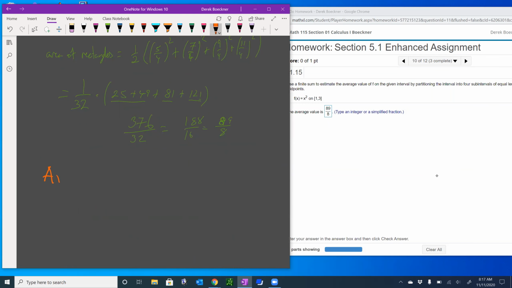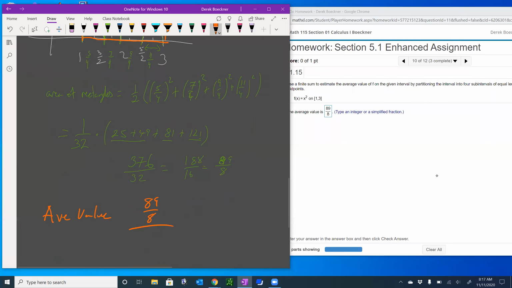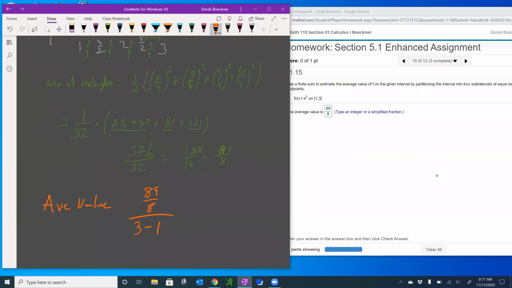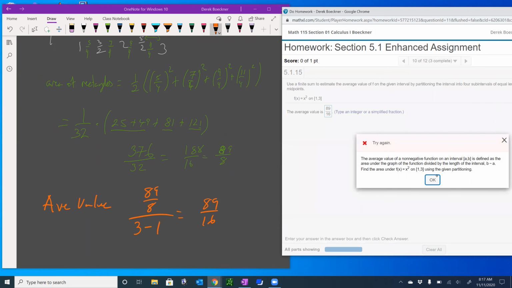Average value: 89 over 8 divided by, what's the length of the interval? From 1 to 3, the length is 2. I got 89 over 16, not over 8. Try that. Okay, now my arithmetic's probably wrong.